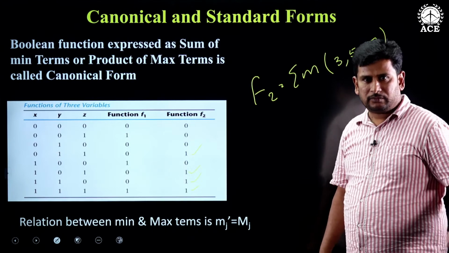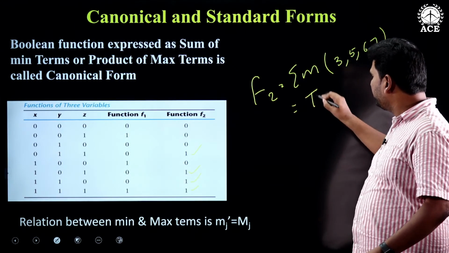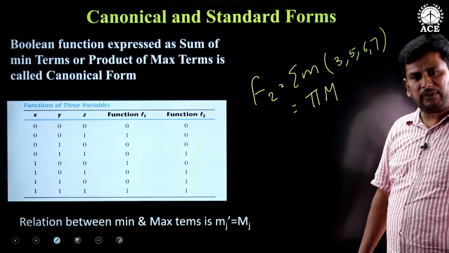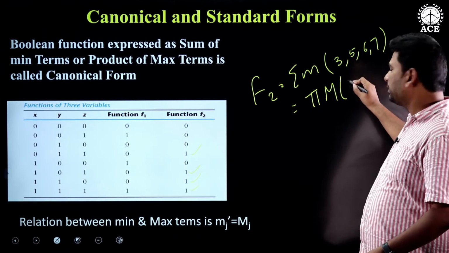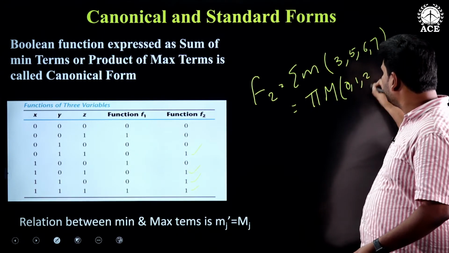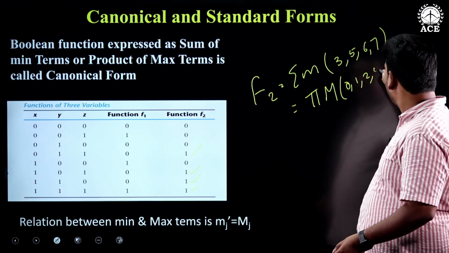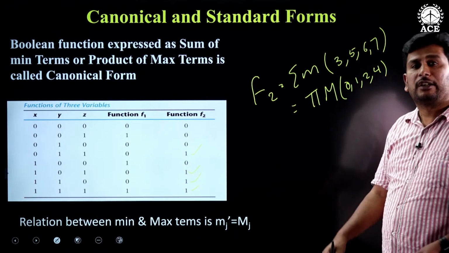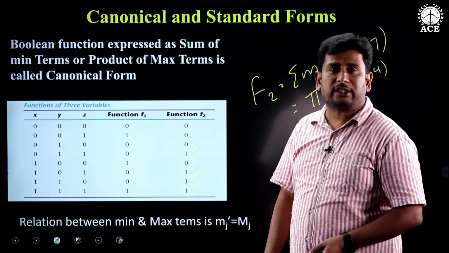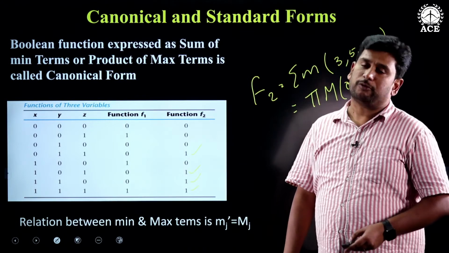Sounds clear? And when you represent them as product of sums, what is missing? 0 is missing, 1 is missing, 2 is missing, and one more is 4. Clear? This is how we are representing our Boolean function in SOP and POS.